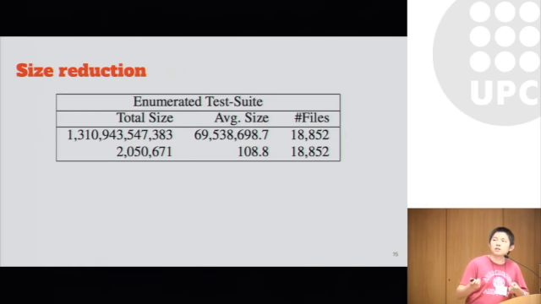If we enumerate the test suite naively, we will encounter this amount of variants. If we enumerate using our SPE technique, we will only consider this amount of alpha non-equivalent programs. So to sum up, we achieve about 6 orders of magnitude of size reduction.